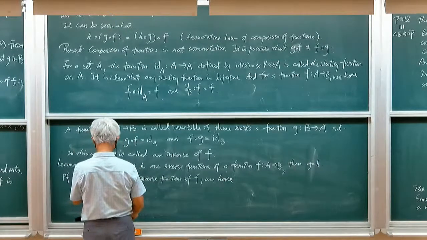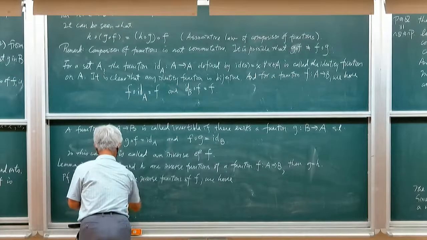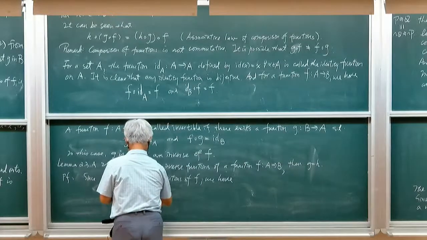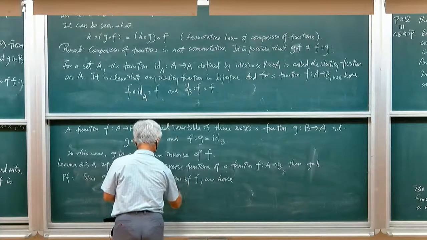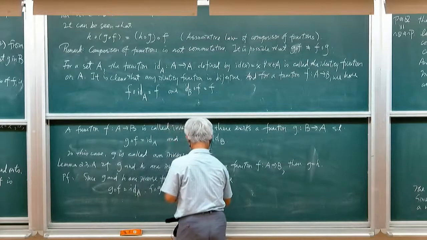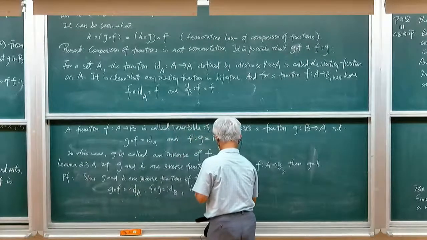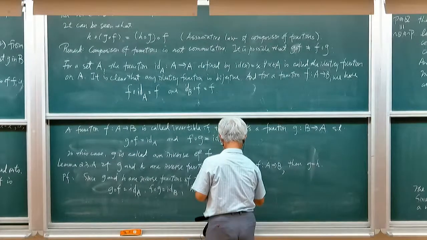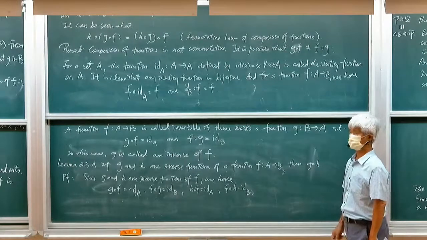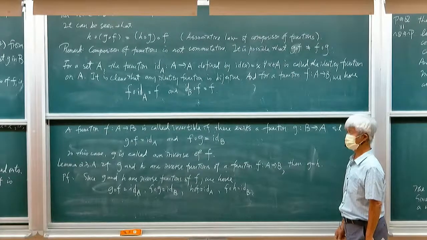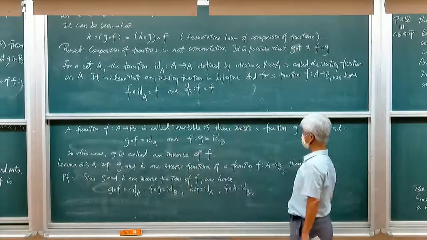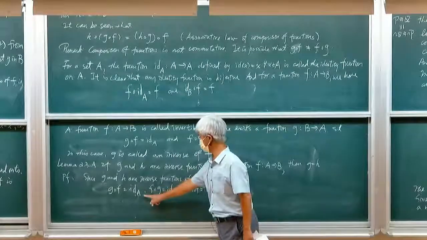We have g∘f = id_A, f∘g = id_B, h∘f = id_A, f∘h = id_B. From the definition, when we have invertible functions, we have these properties.